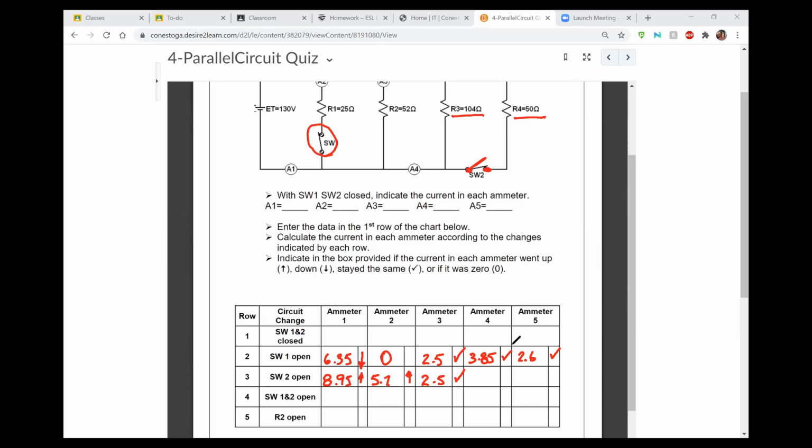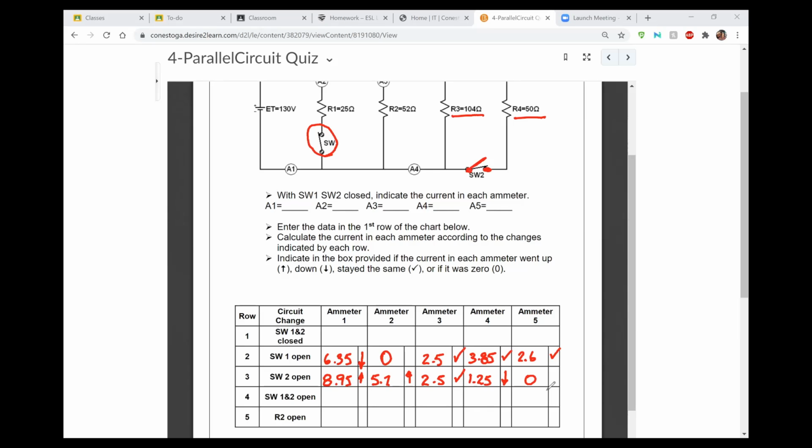So we lost our 2.6 amps that was flowing through that branch. When that happens, we get 1.25 amps here. And indeed, from the 3.85, it dropped to 1.25. So yes, it went down. And then this one here goes to 0. And of course, if this was a light bulb, the light bulb would be off.